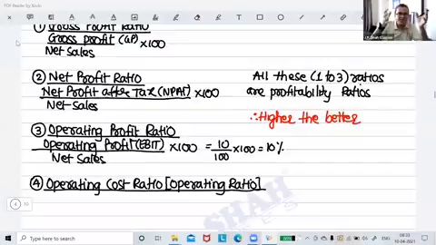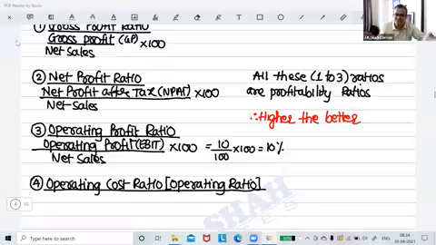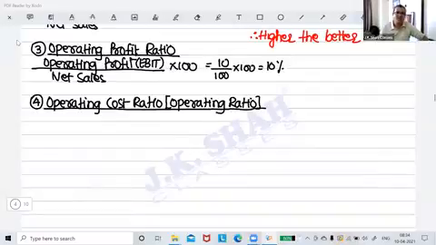Now guys, apply a simple understanding. If the profit is 10% of sales, then costs would be 90% of sales. Do you all agree? If the profit is 10% of the sales, then the costs will be 90% of the sales, right? So the way out is like this.